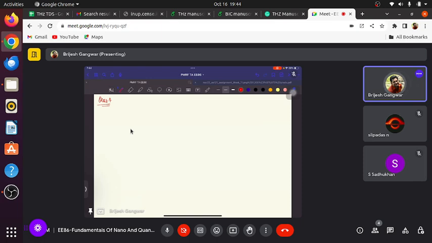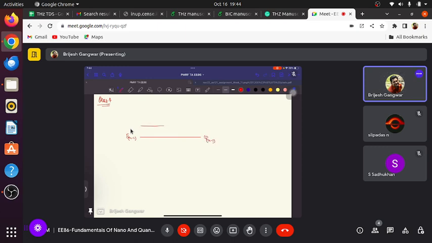So question 4 is a ladder diagram. Here is one diagram like that. This is E n minus 1 and psi n minus 1.